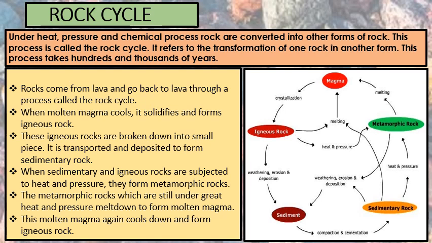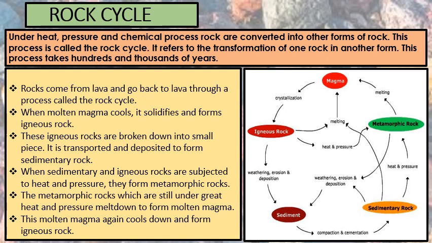When the molten magma cools, it solidifies to become igneous rocks. We also know that the igneous rocks, when broken down into small particles, are transported and deposited to form sedimentary rocks. When these igneous and sedimentary rocks are subjected to heat and pressure, they change into metamorphic rocks.